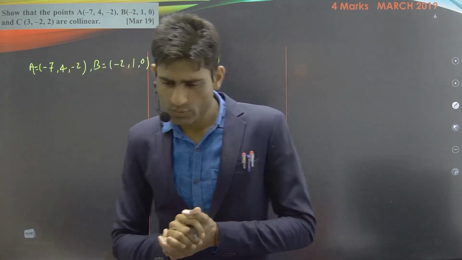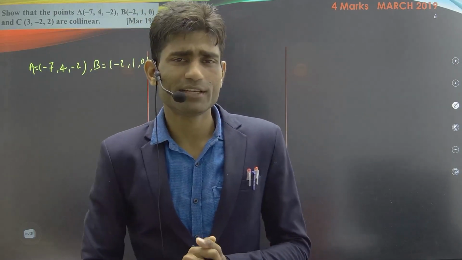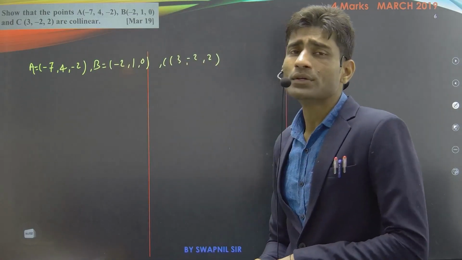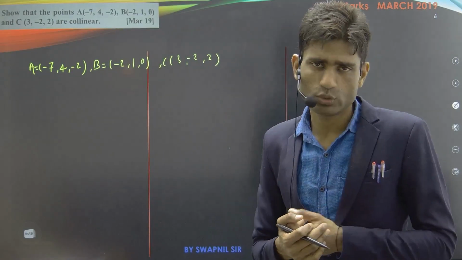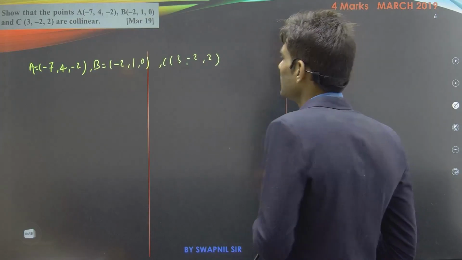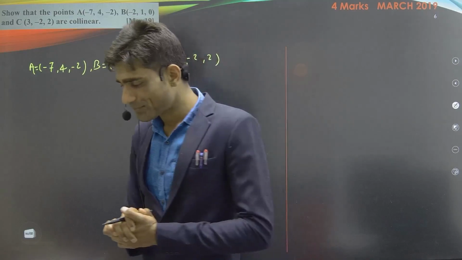As we know, for the collinearity condition for 3 different position vectors, we write one position vector as a scalar multiple of another position vector. But as we have vertices like A, B, C, we convert them into position vectors.